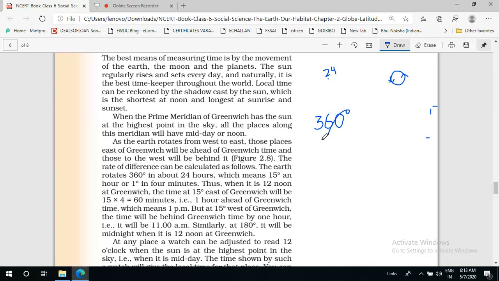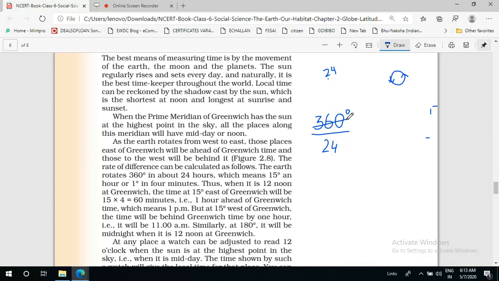So, in order to find that, we will divide 360 by 24. Both 360 and 24 are divisible by 12, so we can cut it.